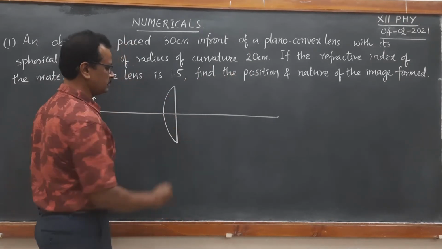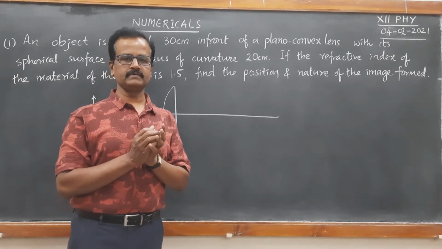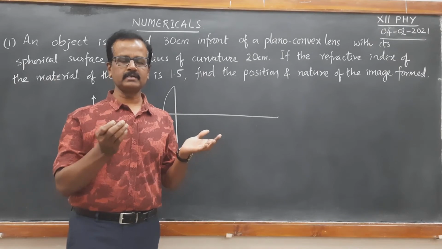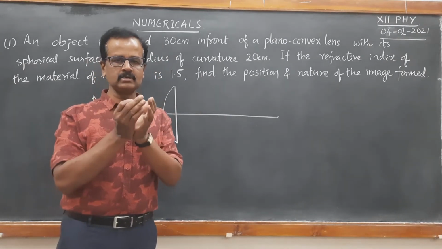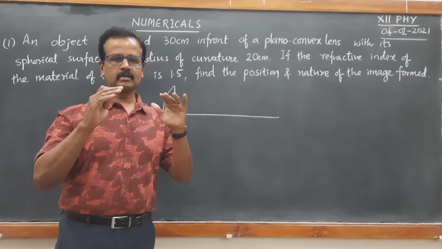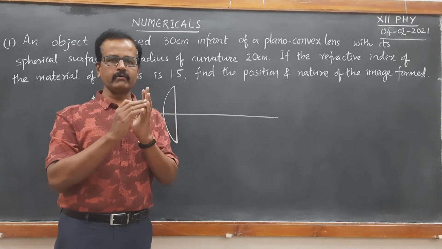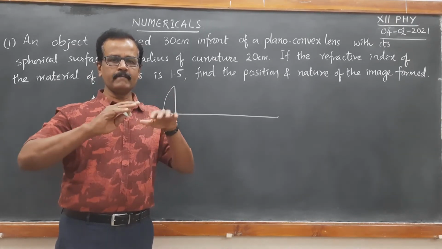A lens is bound by two spherical surfaces, or one spherical surface and the plane surface. In this case, convex lens, concave lens, right? Then convexo-concave lens, convex lens, plano-convex lens, plano-concave lens.